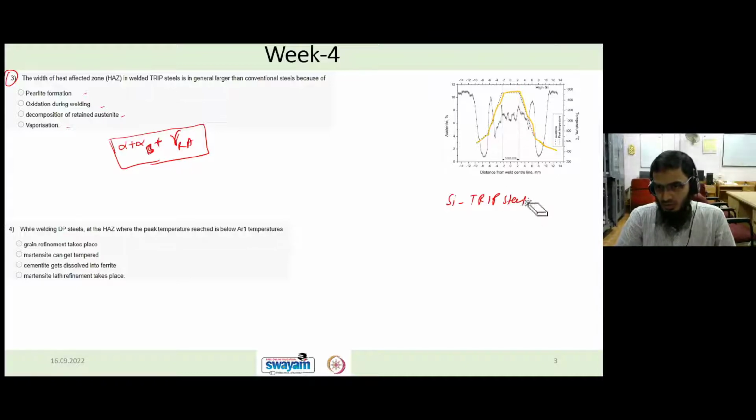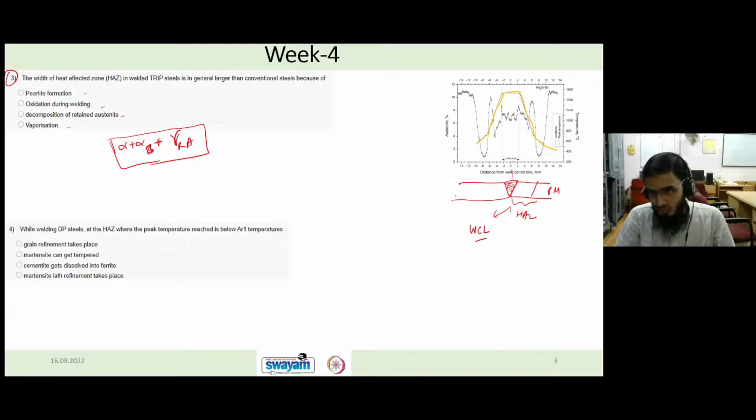So let's say this is your weld, and based on the composition, this is the HAZ, heat affected zone, and this is your parent metal, and this entire zone is the fusion zone, and the center line is called the weld center line.